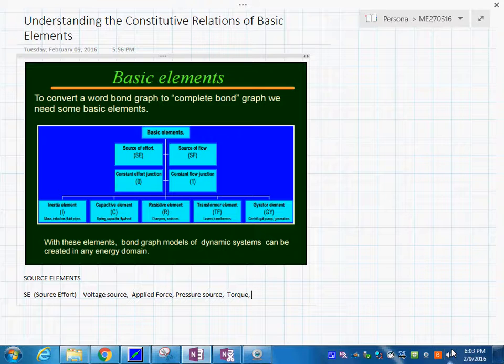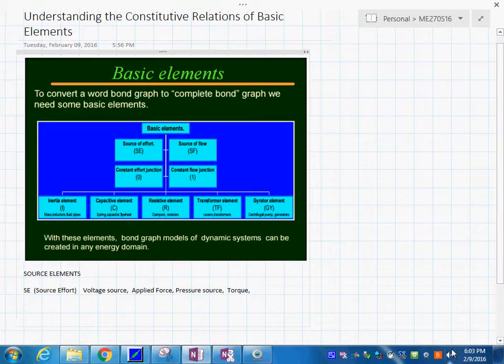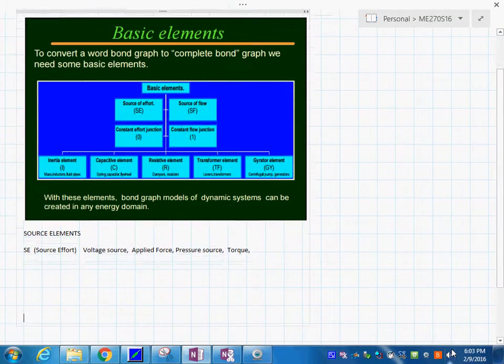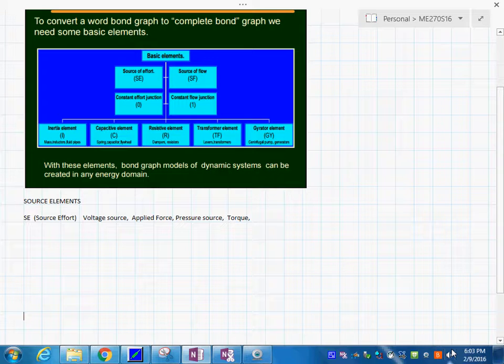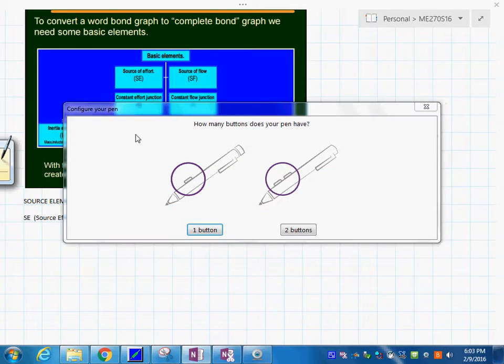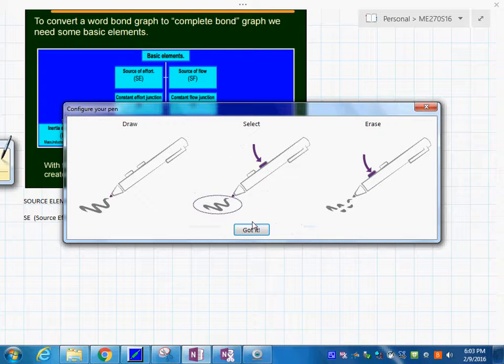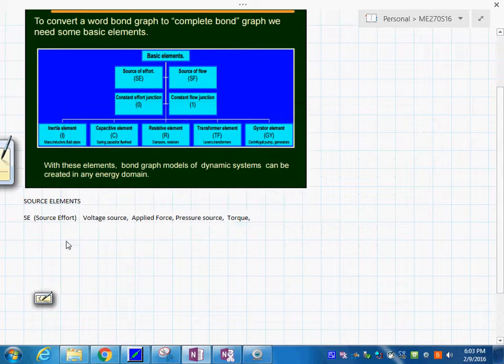So what we're going to do is we use the symbol SE for this, and in here, let me put the SE in here with this color.